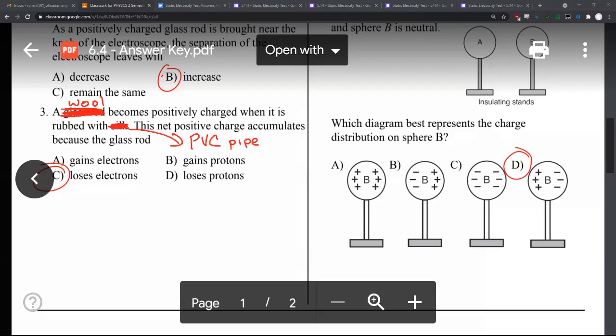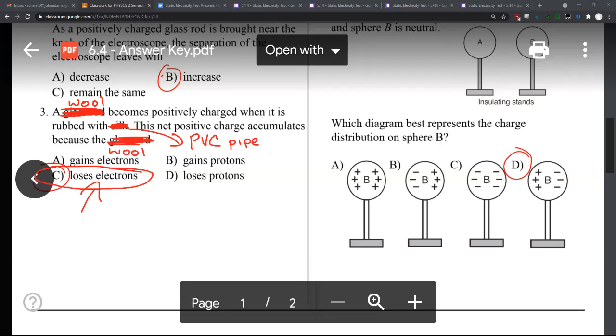This net positive charge accumulates because the glass rod, well, the wool in this case. Why does it become positively charged? Well, it becomes positively charged because it lost electrons.